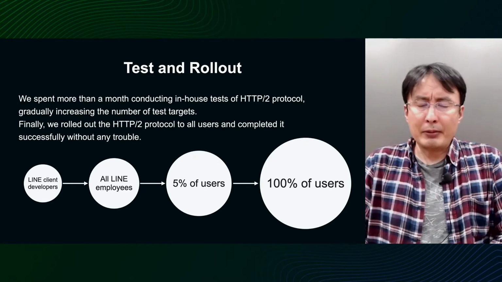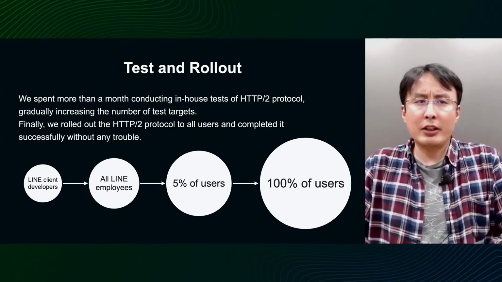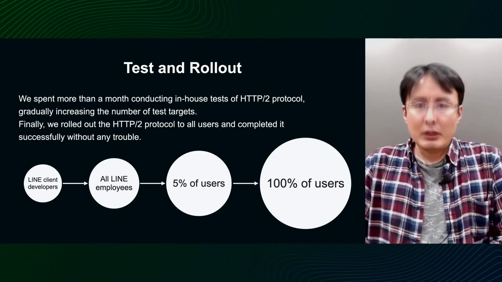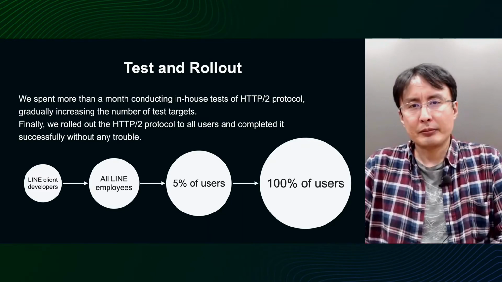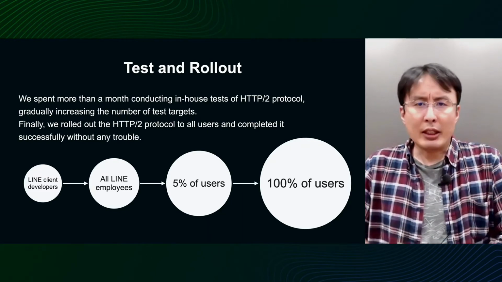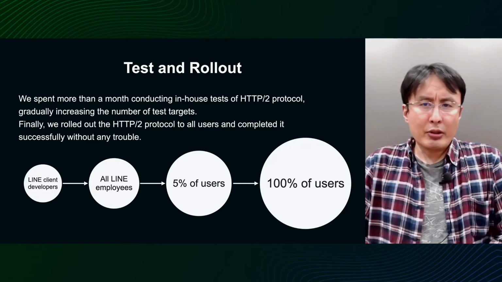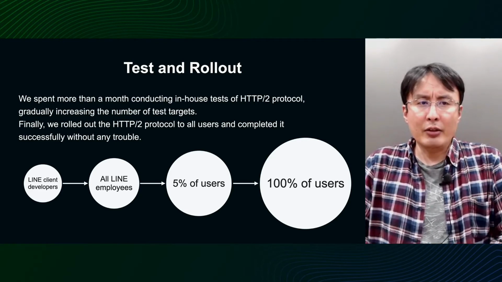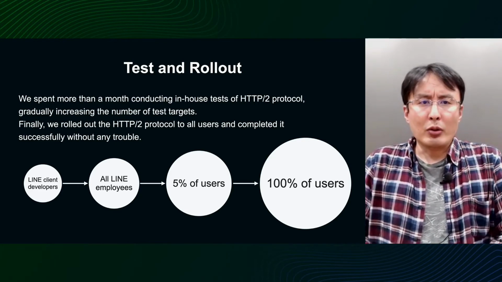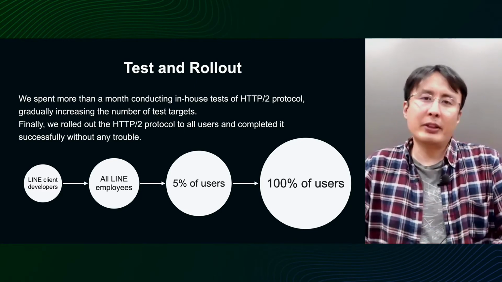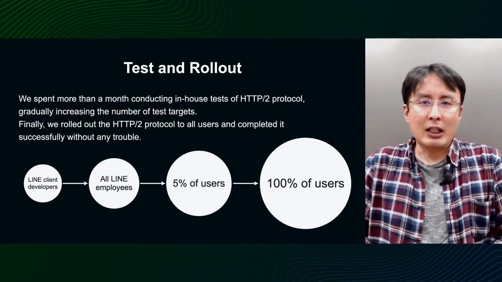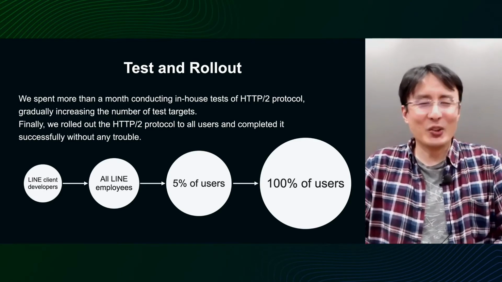Once the internal testing was complete, it was time for public release. We started by enabling HTTP2 for 5% of our users so that we could roll back as soon as problems arose. We then gradually expanded the target group and rolled out HTTP2 to all users over the course of about a week. Fortunately, this public release went off without any problems.